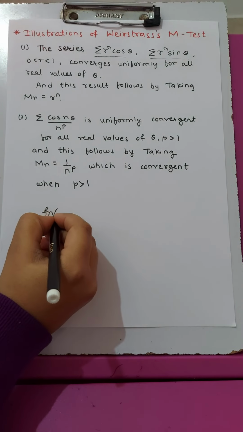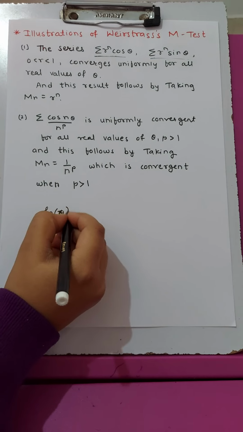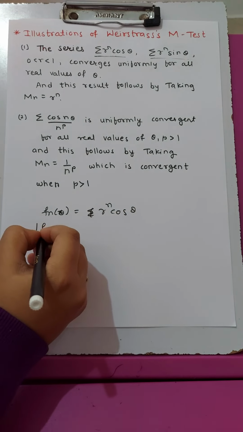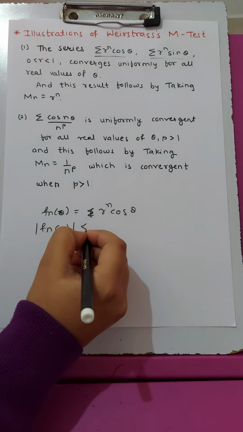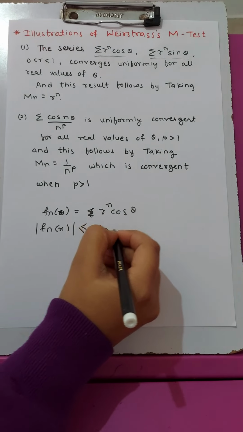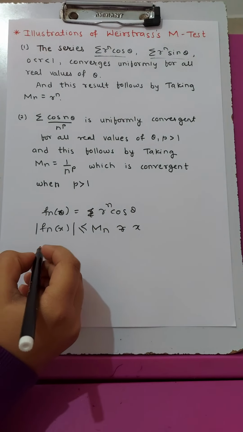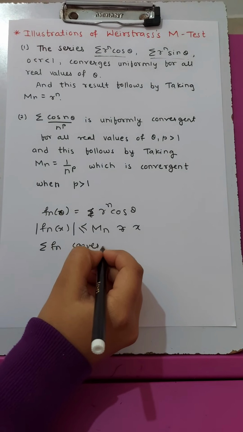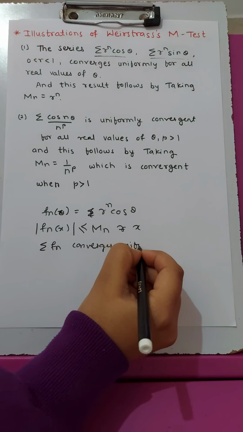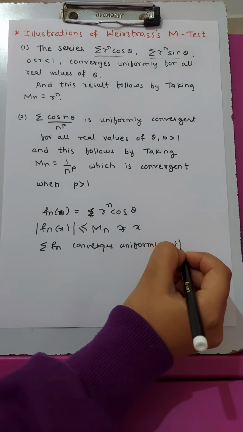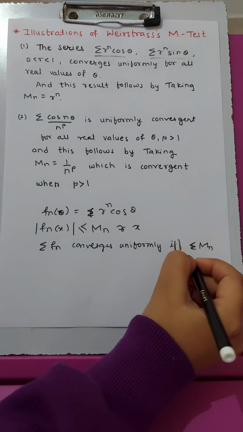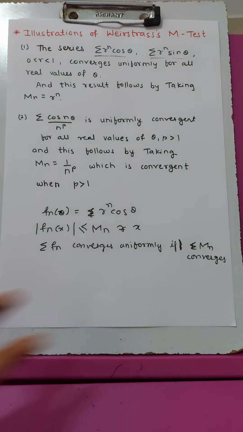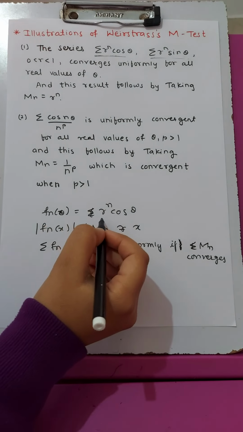If fn of theta is equal to Rn cos theta, and since we know the Weierstrass M test says that if mod of fn of x is less than or equal to Mn for all x, then the series fn converges uniformly if summation Mn converges. Not "if and only if" summation Mn converges, just if summation Mn converges. So here fn of theta is Rn cos theta.